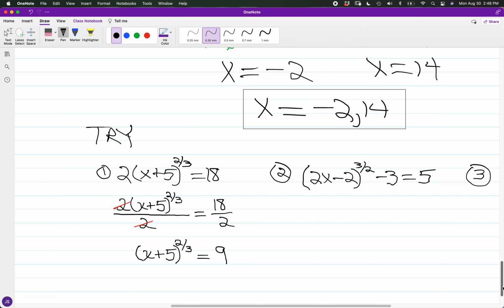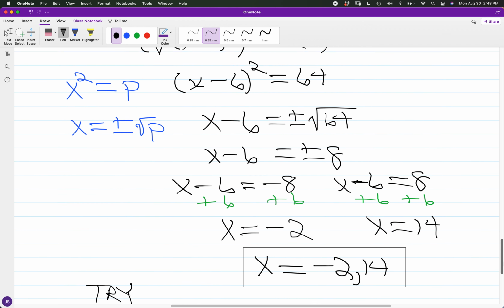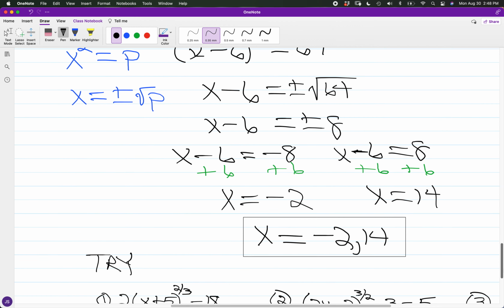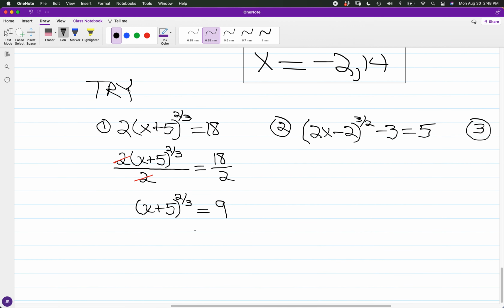All right, so again, we're back to just like the last example. We had an expression to the 2/3 power equal to a constant. Now we have x plus 5 raised to the 2/3, and if I rewrite as a radical, the 3 signals that we're going to have the cubic root. And what's that going to be the cubic root of? Well, that's going to be x plus 5 raised to the m power, where m is going to be 2.